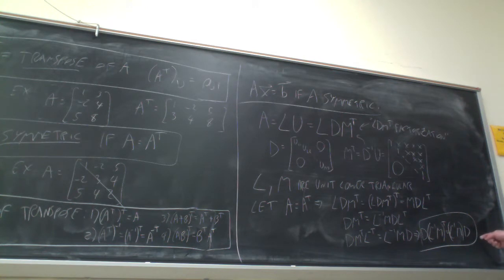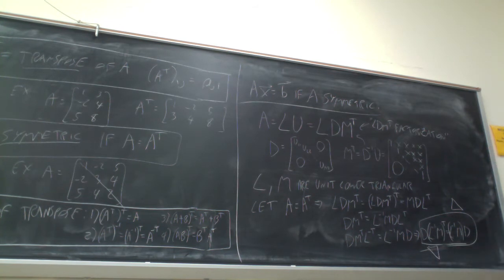D won't affect anything because it's both lower and upper. So the right side is lower triangular. Now look at what's different on the left. To transpose a lower triangular matrix, you get an upper triangular matrix. So this side is upper triangular.